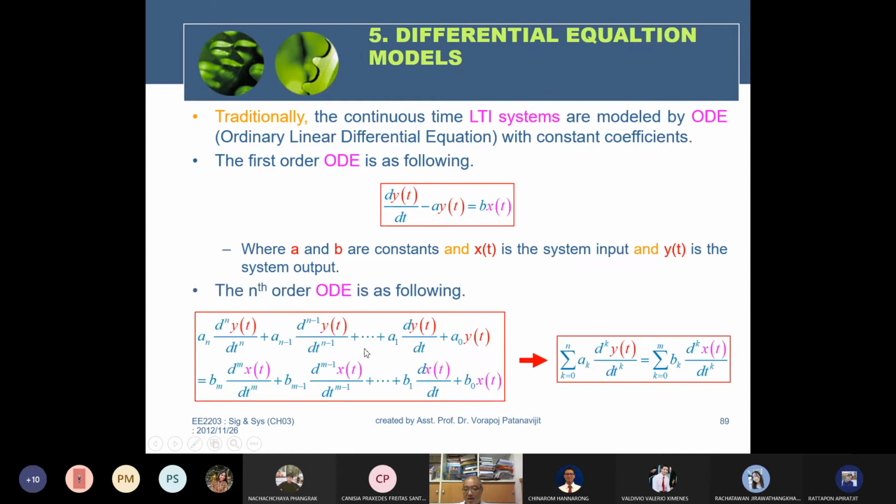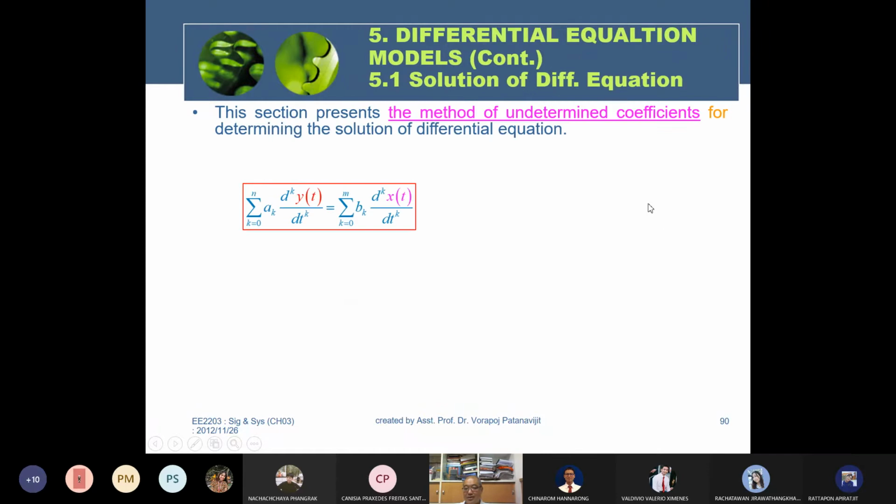This form we call the ordinary linear differential equation with constant coefficients. a1, a2, up to an minus 1, bm minus 1 and so on are only real value constants.